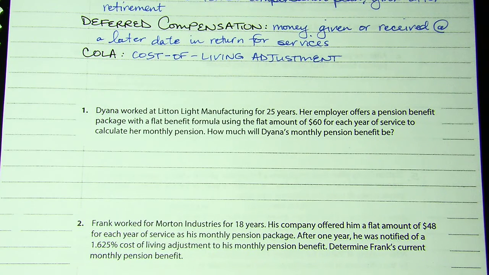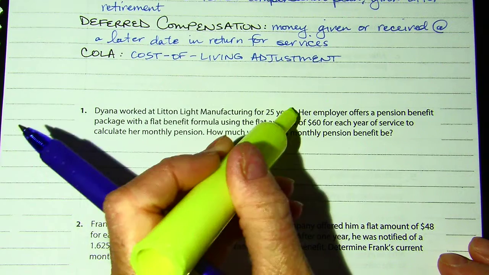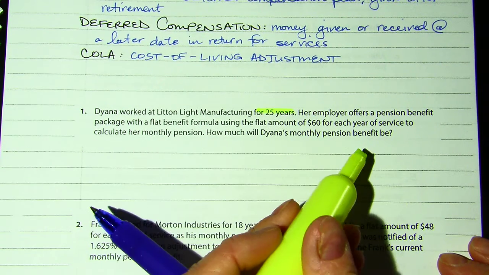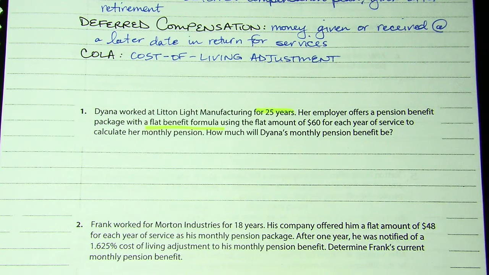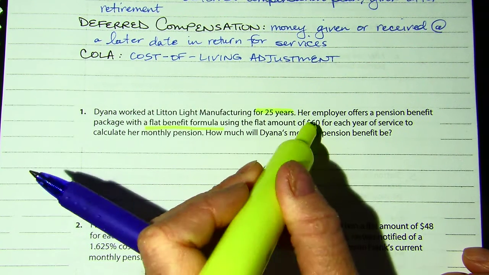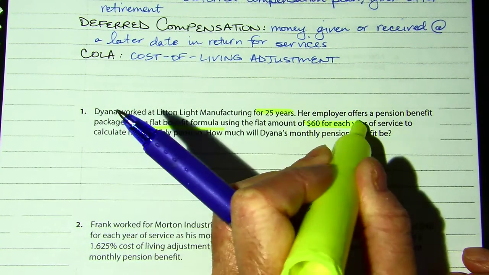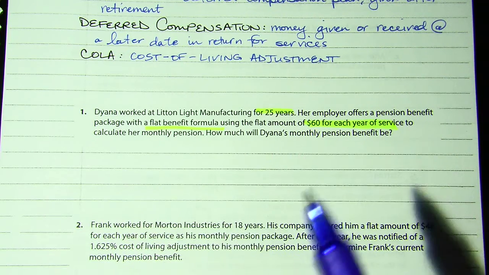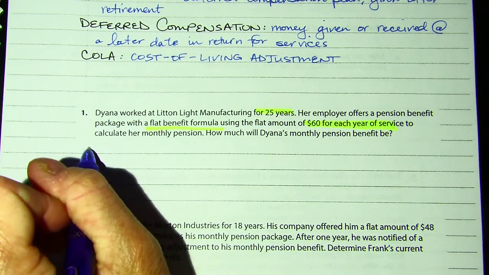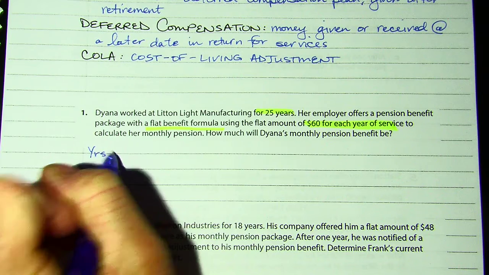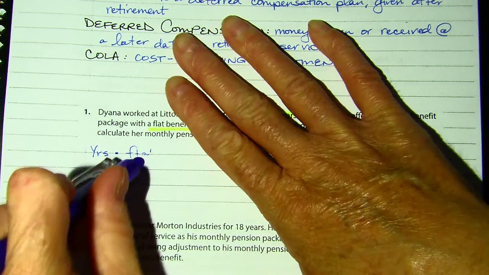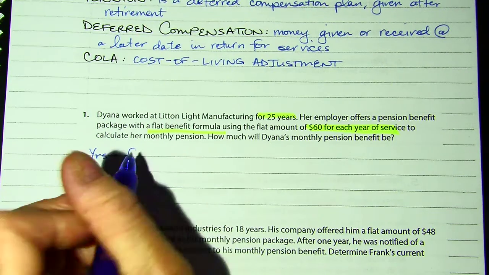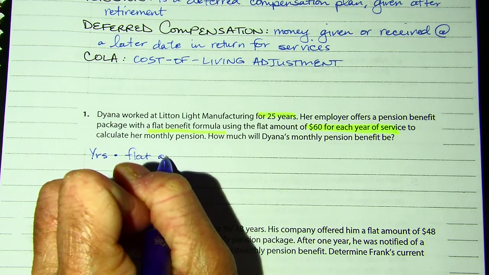So Diana worked for 25 years. Her employer offered a pension benefit with a flat benefit formula, so that's where you're receiving the same amount. At $60 for each year of service, how much will she receive? So it's simply the years you've worked times the flat amount.